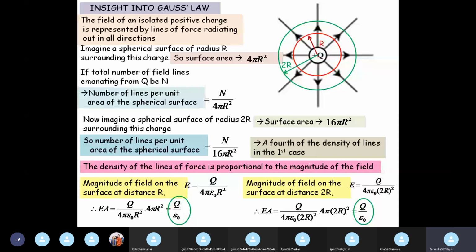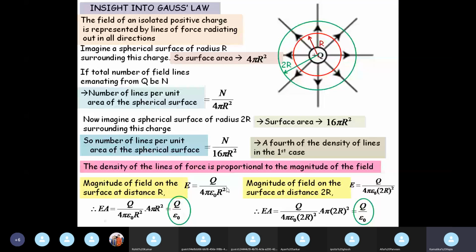So you can draw an infinite number of spheres around Q of different radii, but whichever sphere you are on, if you multiply the magnitude of the field on that sphere with the area of that sphere, the product will give you the same result, and that is Q by epsilon naught.